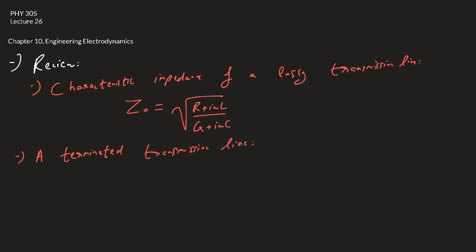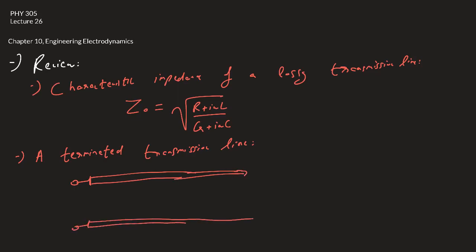The idea basically being that you have a transmission line, which is of course two conductors, and they're actually terminated with some load impedance ZL at the end.